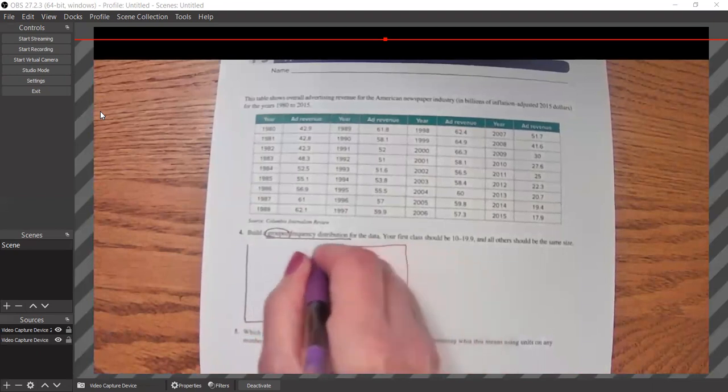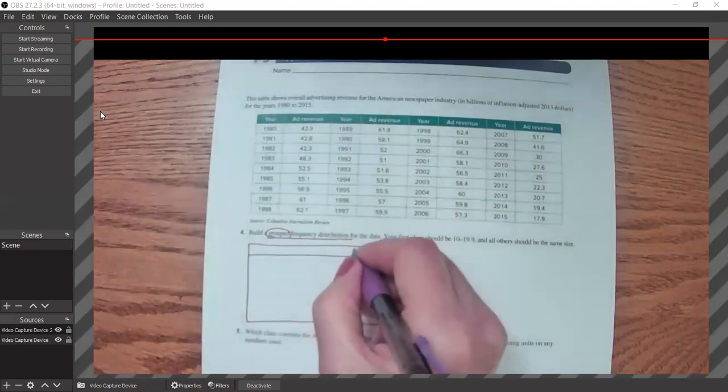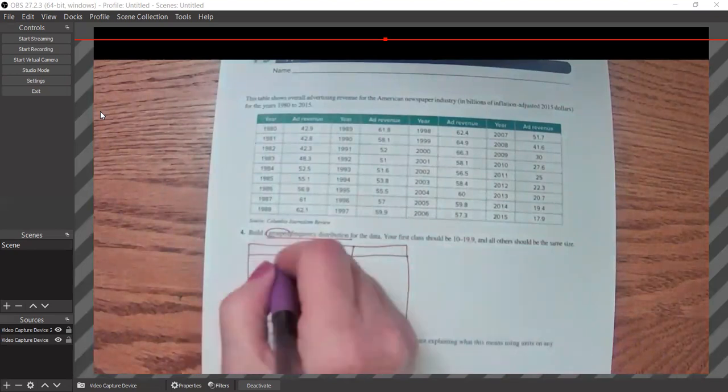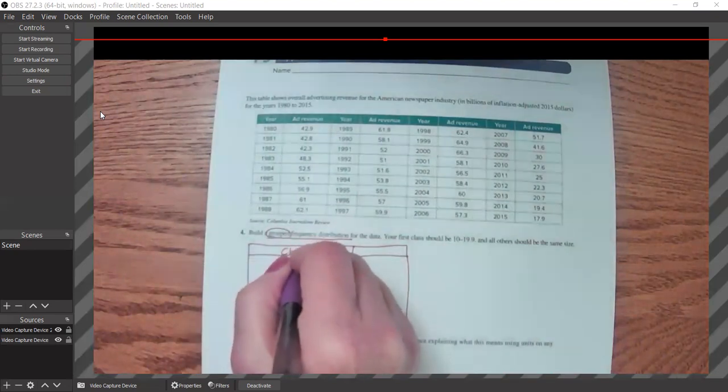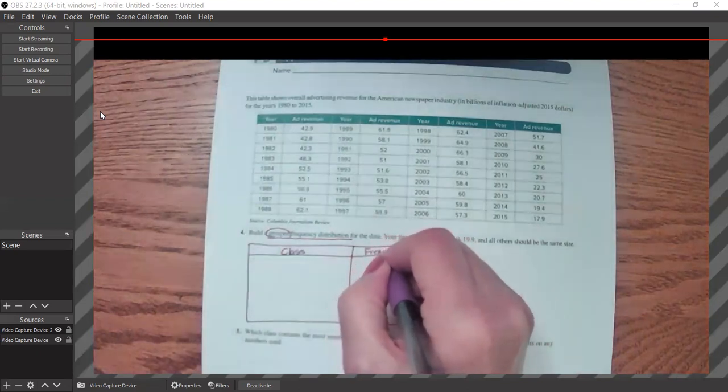and build a type of frequency distribution, but this is a grouped frequency distribution. So we still have 2 things here. We'll have the class or the category, and then we're going to have the frequency, the number of times the answer was in that class.